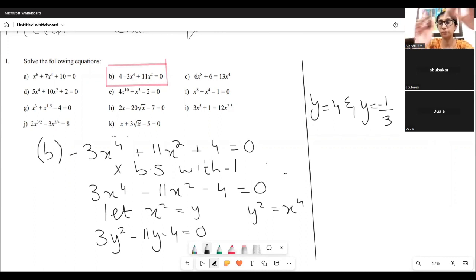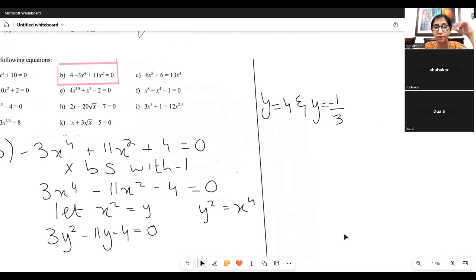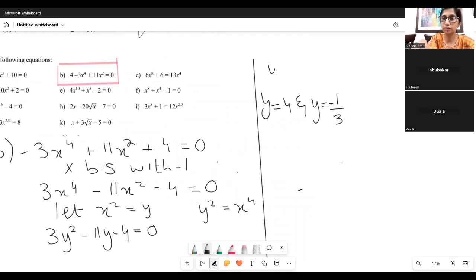Here we have shown the examiner that we haven't done the intermediate working and we have used the calculator. That means marks will definitely be cut. To show the examiner that we know this and are a little extra smart, what we do is take 4 to the other side, it becomes y minus 4 in the first bracket.